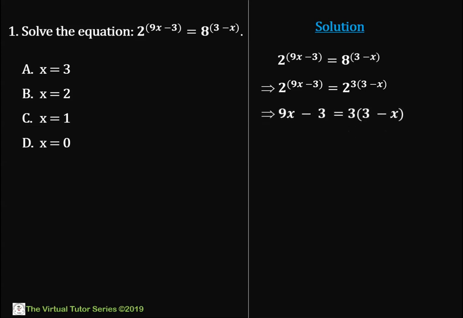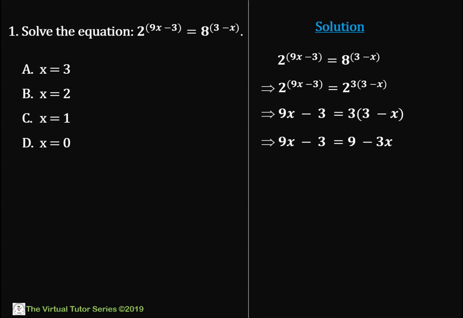That is, 9x - 3 is equal to 3(3 - x). Let's now expand the bracket on the right-hand side of the equation by multiplying 3 by 3 and negative x. This results in 9x - 3 is equal to 9 - 3x.